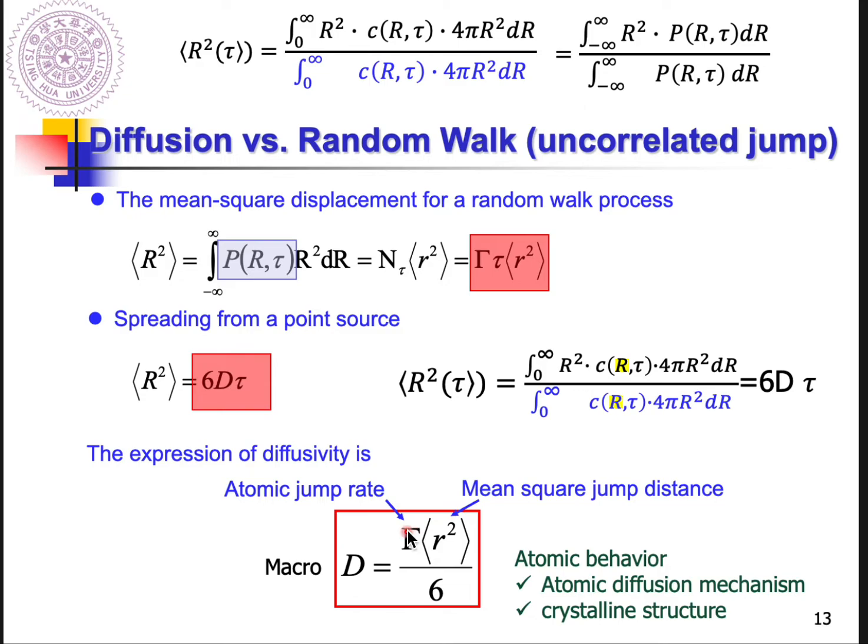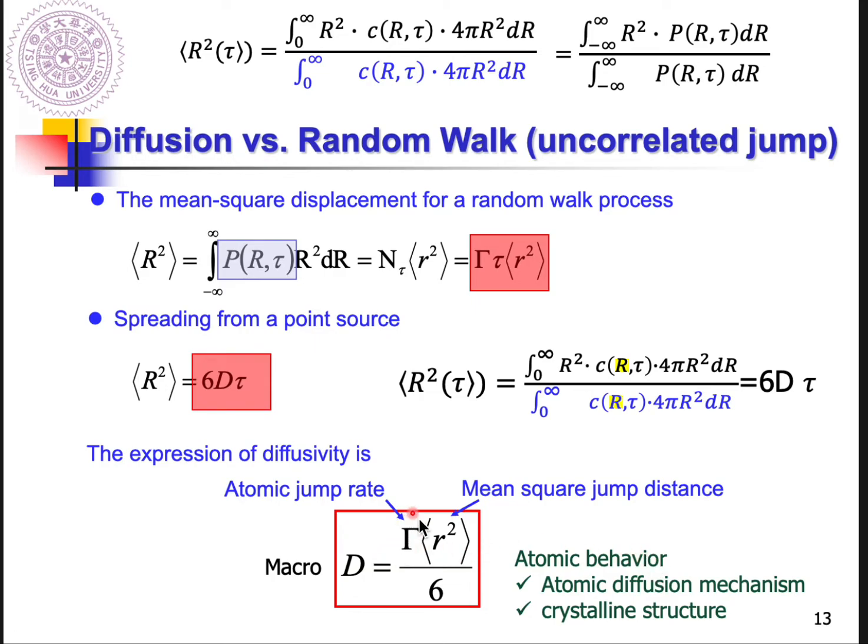So it will be related to the atomic diffusion mechanism, and the jump distance also depends on the crystal structure and varies with diffusion mechanism. So the right portion is actually related to atomic jumping behavior.